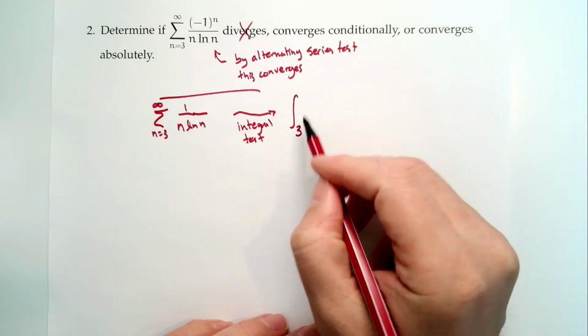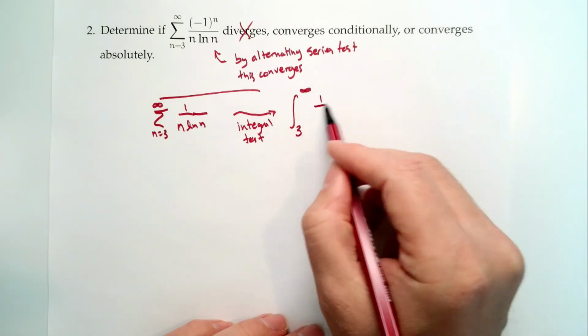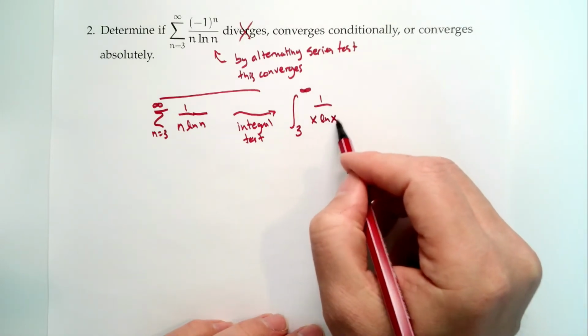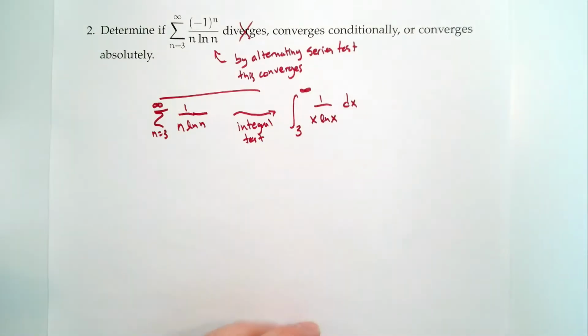That would be the integral from 3 to infinity of 1 over x log x. Hopefully you can start to spot that if this was what I had to integrate, I could make progress here.